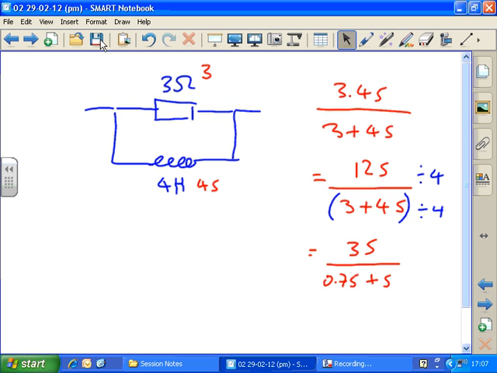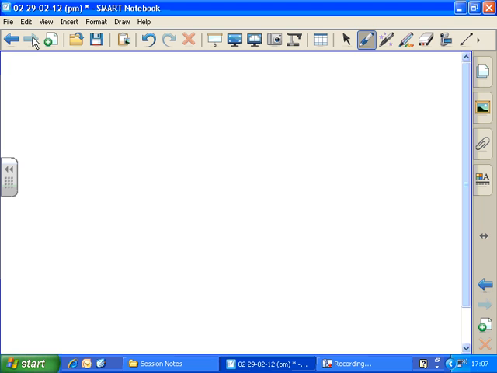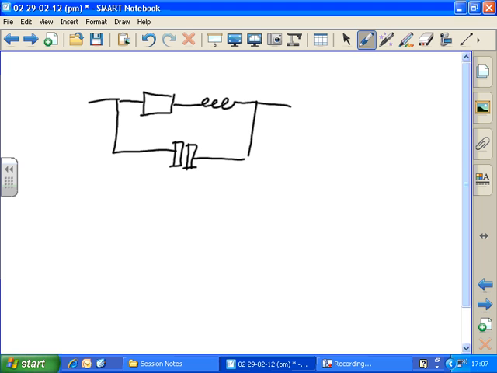So let's have a look at another one. So now we've got a resistor and an inductor in series and a resistance underneath, which is more like a real circuit actually, because we don't often get pure inductance.